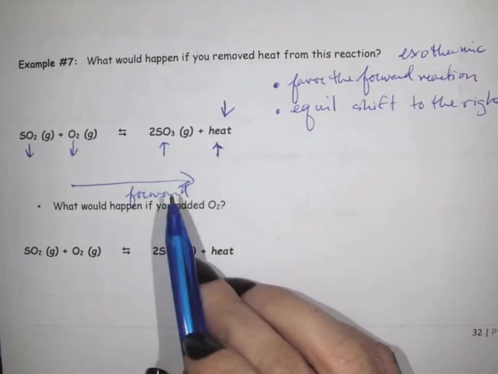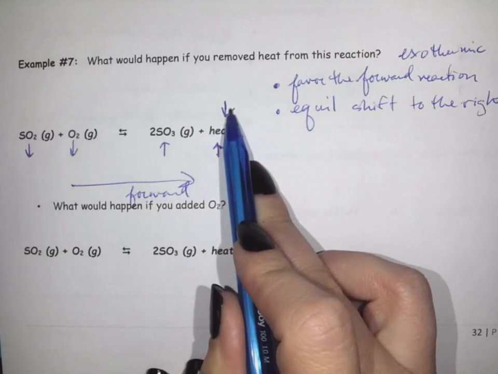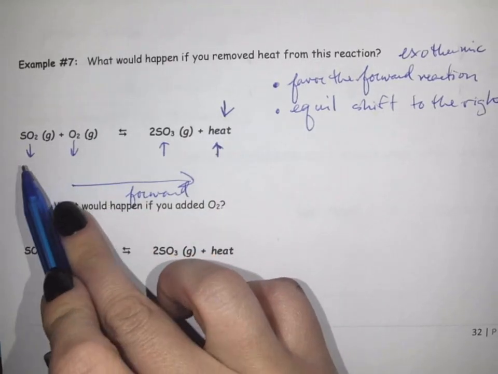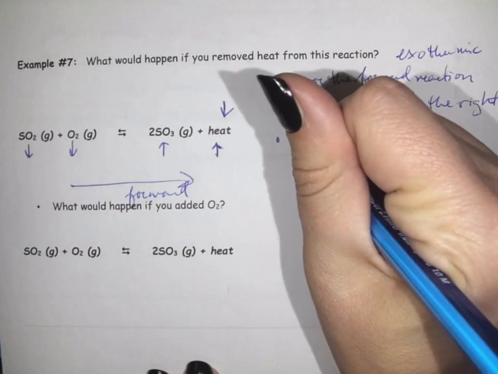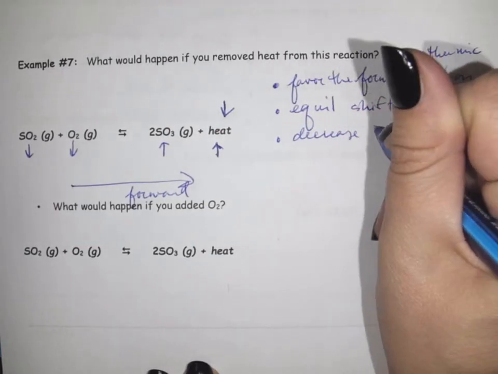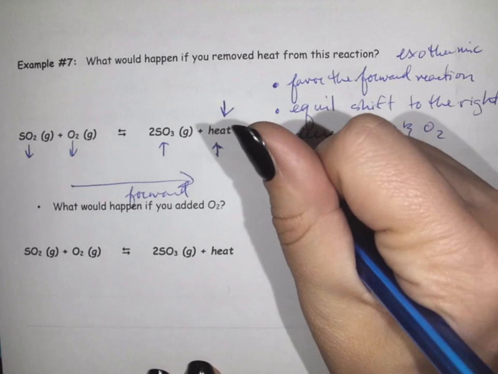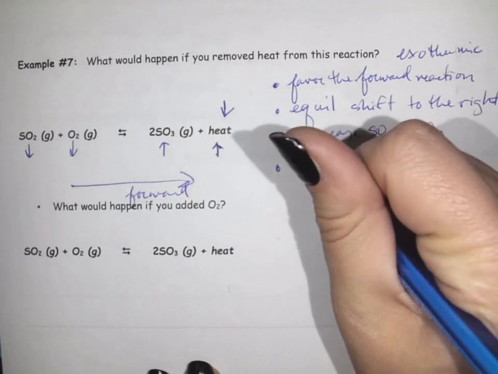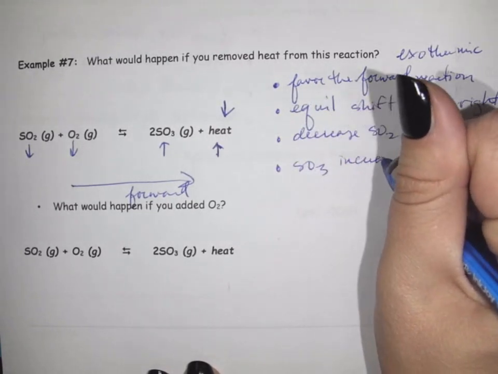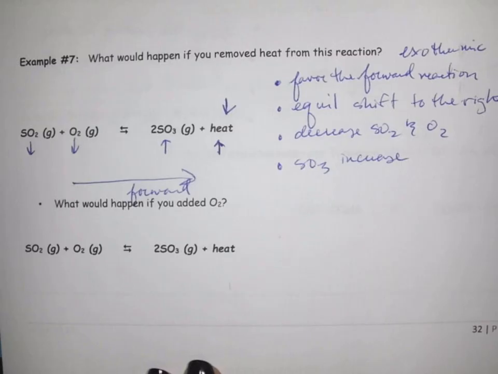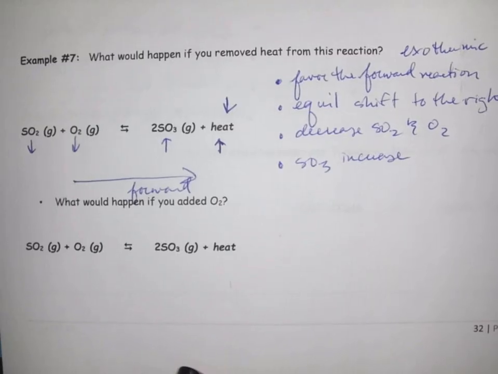A couple other things happened when this stress occurred. We decrease SO2 and O2, those both decreased, and then SO3 increased. So all those things happened because we decreased the heat.